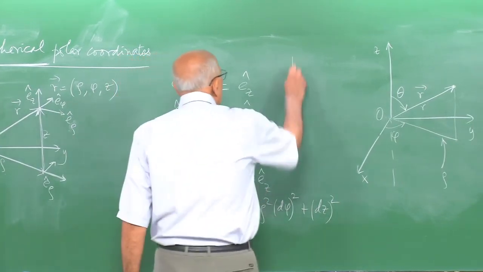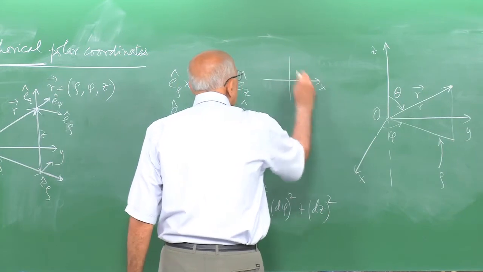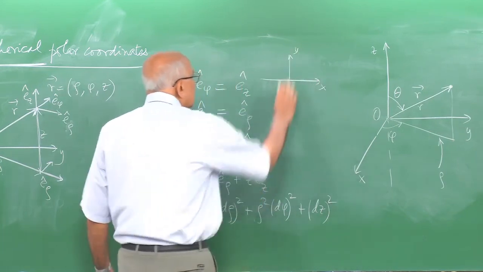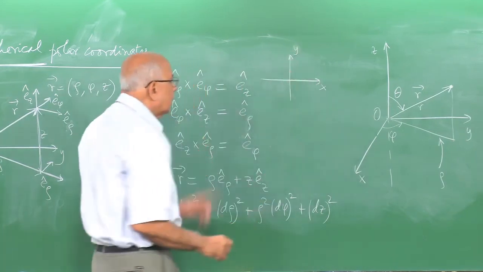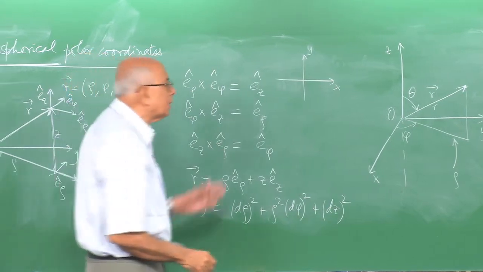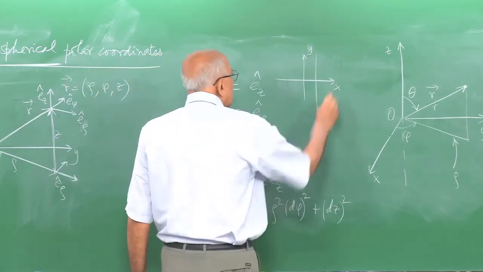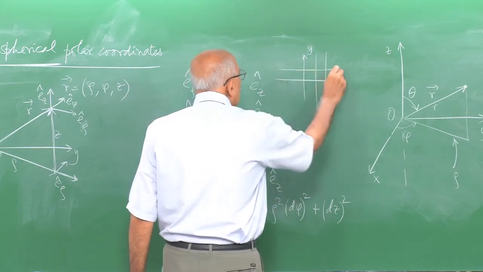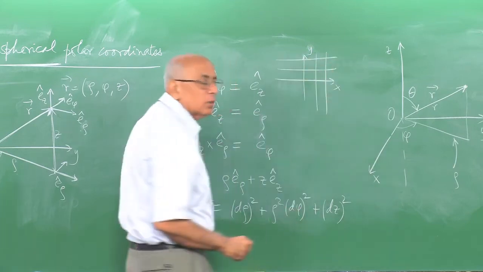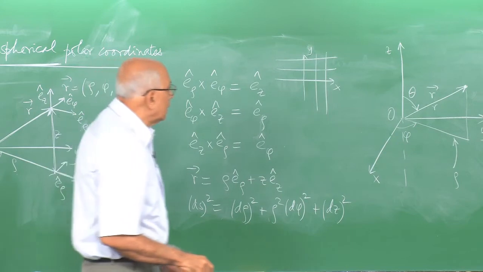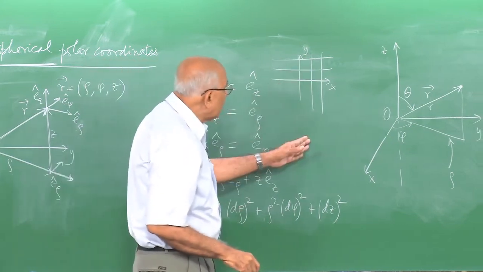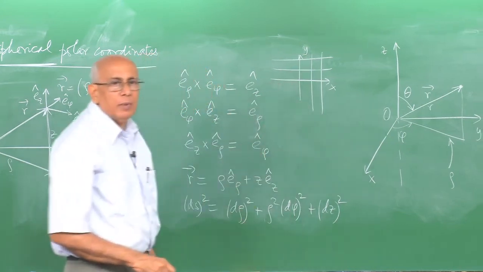In the case of the plane, here's x and here's y. In the planar case, if I say x is constant, like 2, that's a line. x is 3 is here, y is 1 is here, y is 2 is out there, and so on. So these are lines parallel to one of the two axes, and they form a grid.